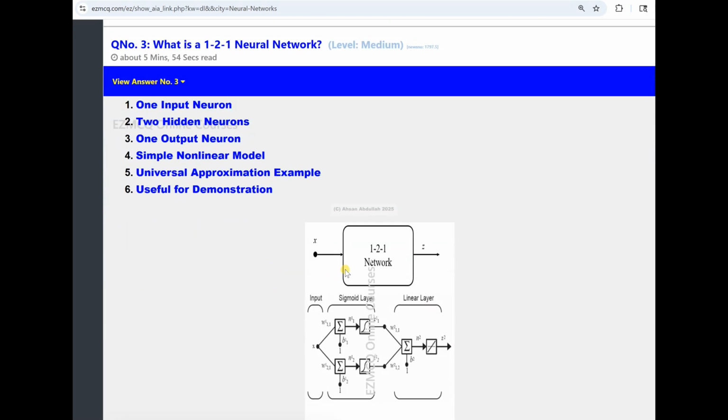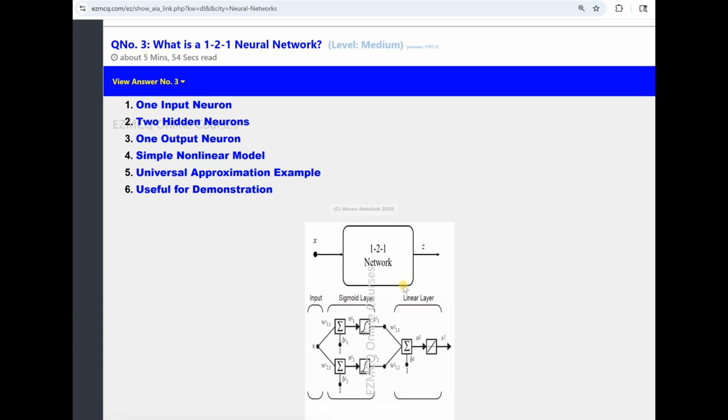All right. So this is a one-to-one network. It is very simple, right? So this is the input layer. This is the hidden layer, and this is the output layer, so to say, one-to-one network.